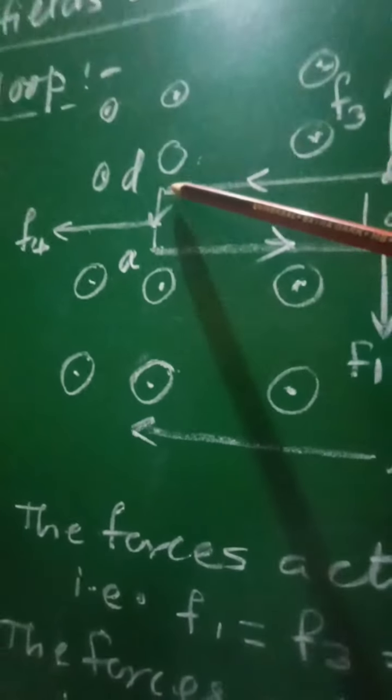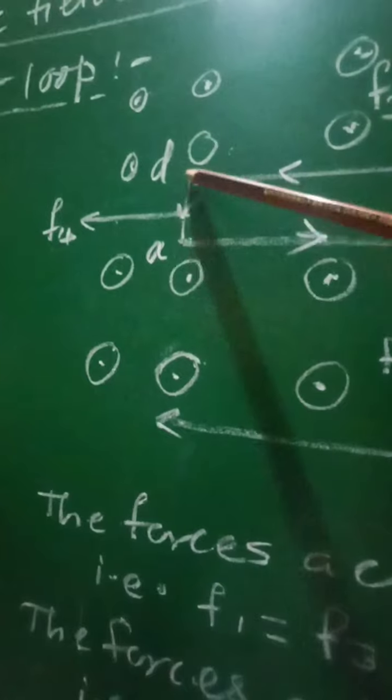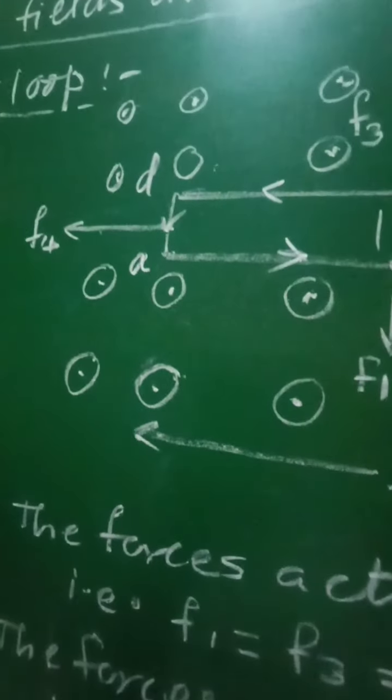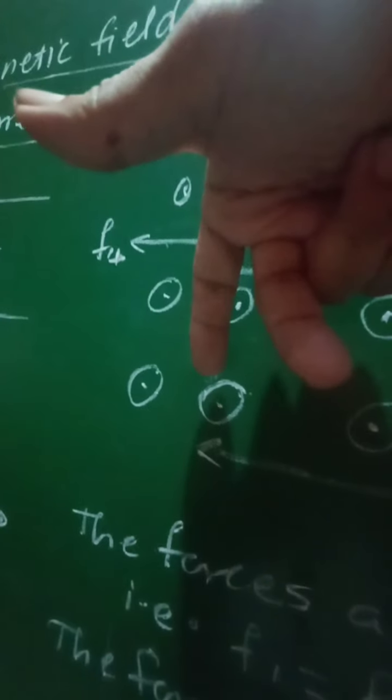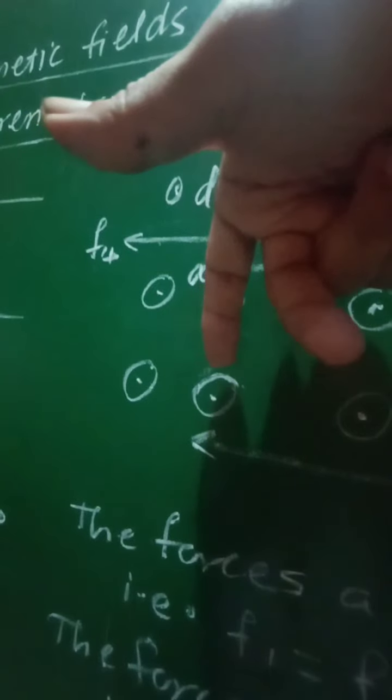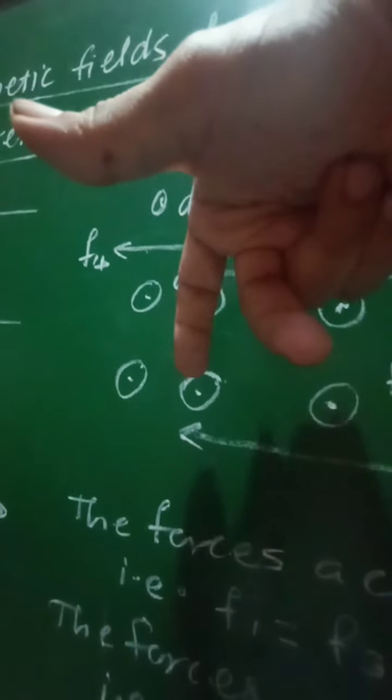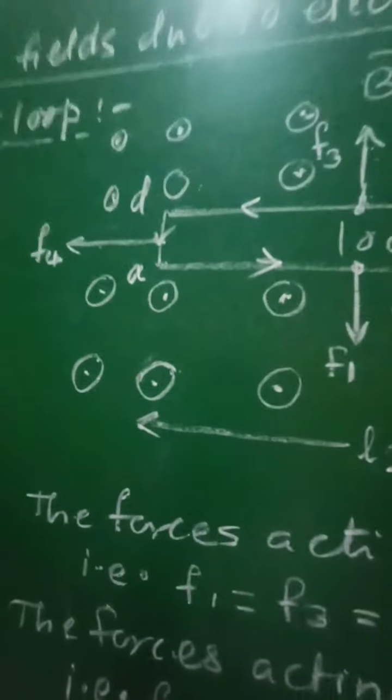Similarly, consider the next case, side AD. For that side AD, the current is flowing in the downward direction from D to A. Then the magnetic field is directed in the same direction, that is in the outward direction. Now in this case the thumb will indicate the direction of force, that is towards left, and that force is denoted F4.